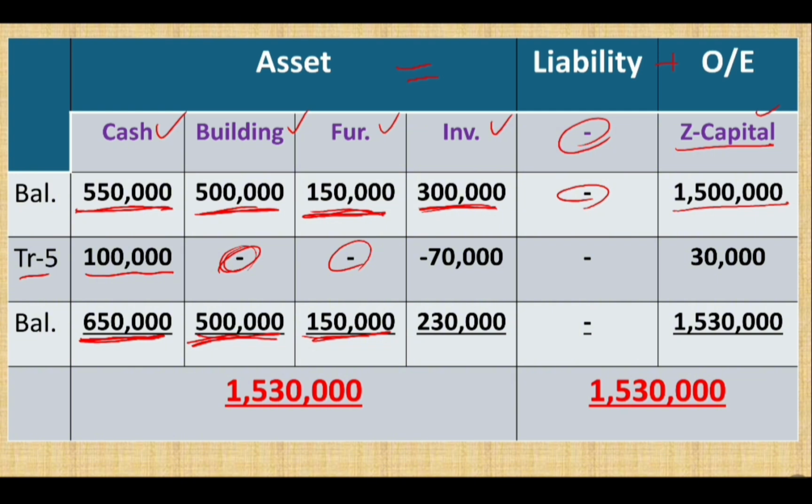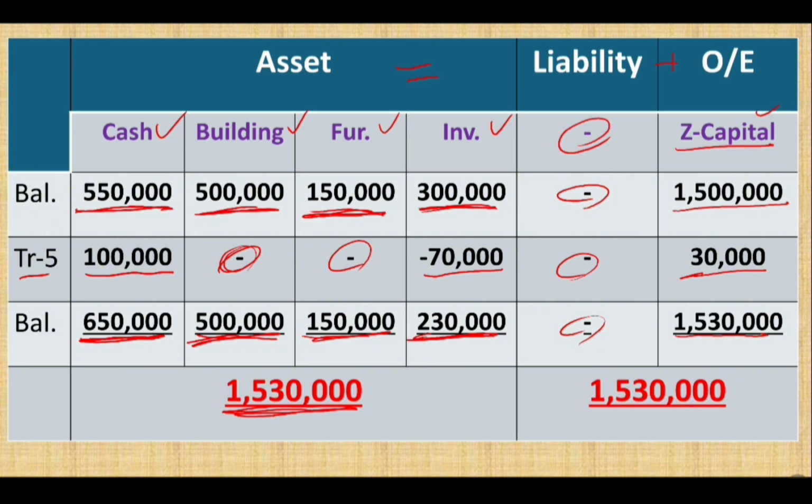There is no change in furniture, so it remains the same, 150,000. But here the inventory is decreased by 70,000 because we already sold t-shirts that amount to 70,000. So 300,000 minus 70,000 is 230,000. So 230,000 is the balance of inventory after transaction 5. The balance after transaction 5 of Z capital is 1,500,000 plus 30,000, which is 1,530,000.